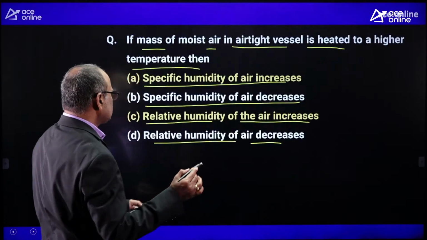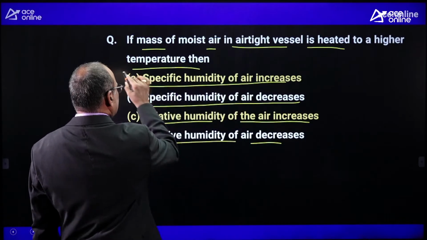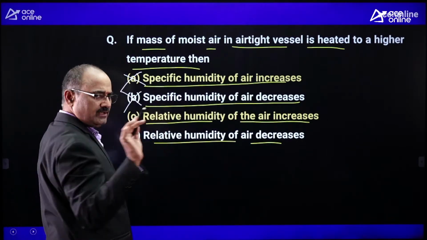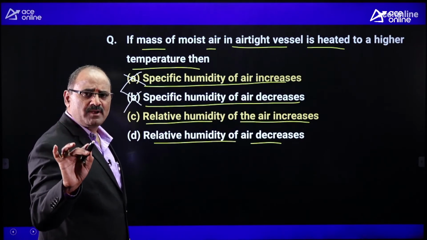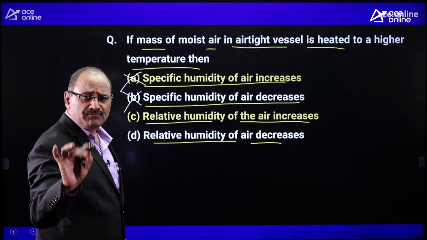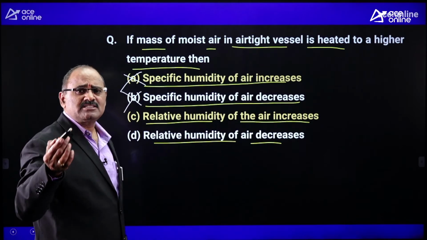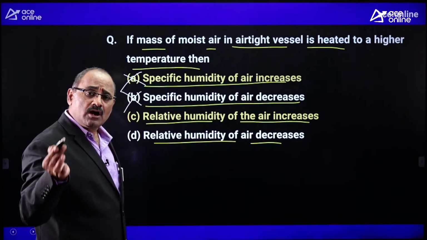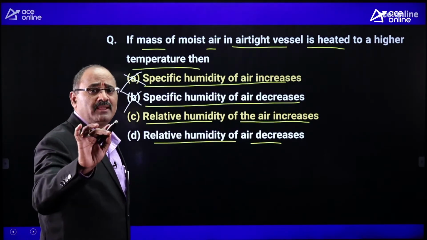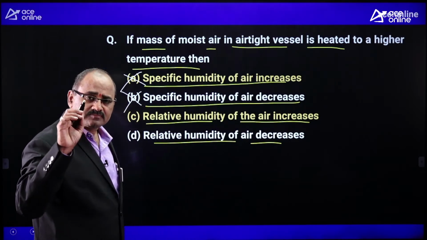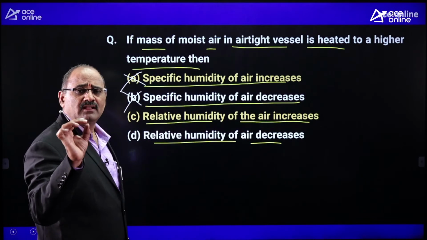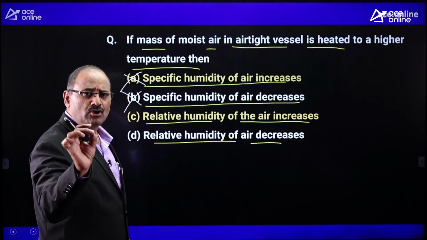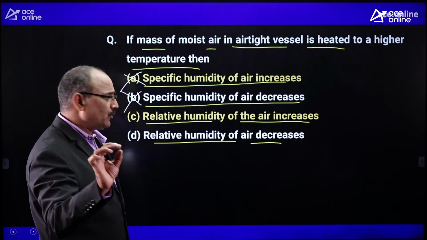Okay, look at the first option, specific humidity. No, specific humidity is not changing. During the sensible heating and sensible cooling, the specific humidity remains constant. Dear friends, remember, as long as the specific humidity remains constant, dew point temperature also remains constant, because in the psychrometric chart, the horizontal line is giving the two values, specific humidity and dew point temperature.